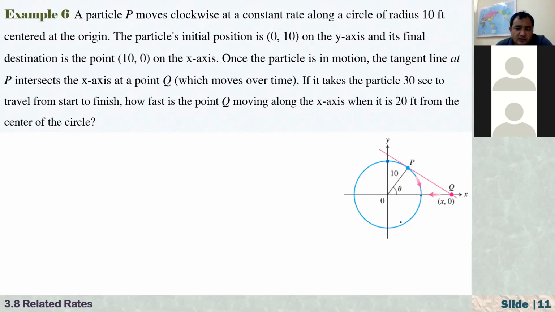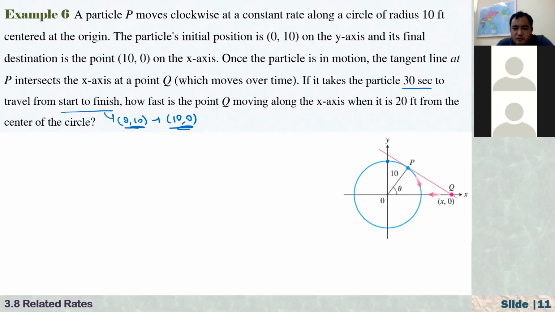Okay, if it takes the particle 30 seconds to travel from start to finish, means from point 0, 10 to 10, 0, right? This 0, 10 is the initial point, this 10, 0 is the finish point. Okay. 30 seconds to travel from start to finish.